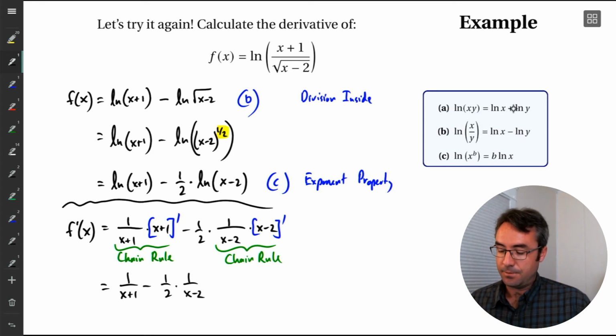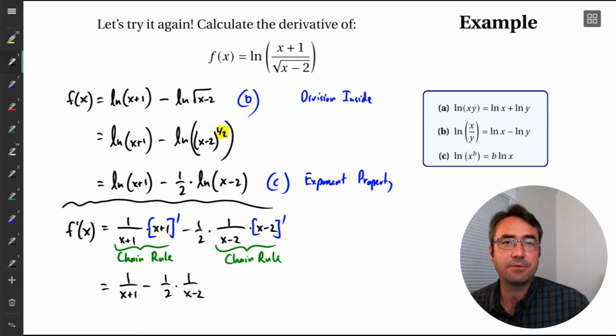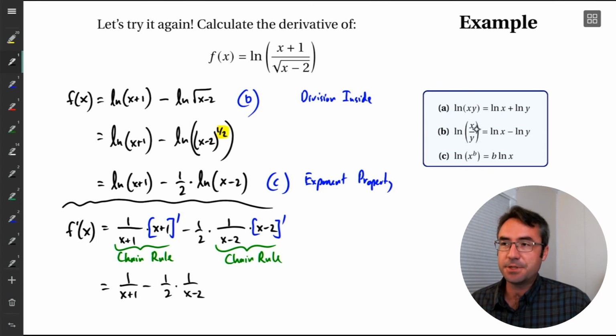This technique is going to leverage all of these properties so that if we have a complicated looking function where multiple rules need to be used, maybe we can use some of these log properties to simplify it down first. So we're going to see that technique next.